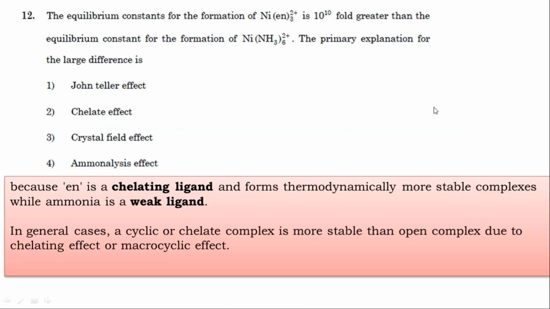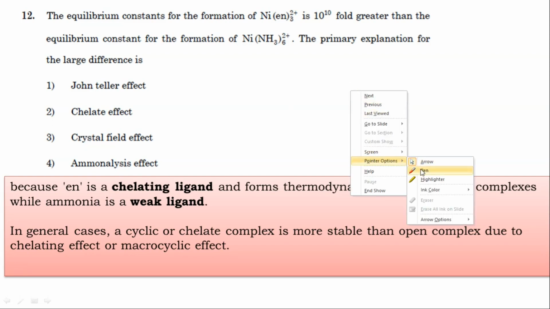The equilibrium constant for the formation of Ni(en)3 is 10 to the power 10 fold greater than the formation of the Ni(NH3)6 complex. So what is the reason here? It is not due to the Jahn-Teller effect, not due to the crystal field effect, and not due to the aminolysis effect. It is due to the chelate effect. You all know the chelate effect.